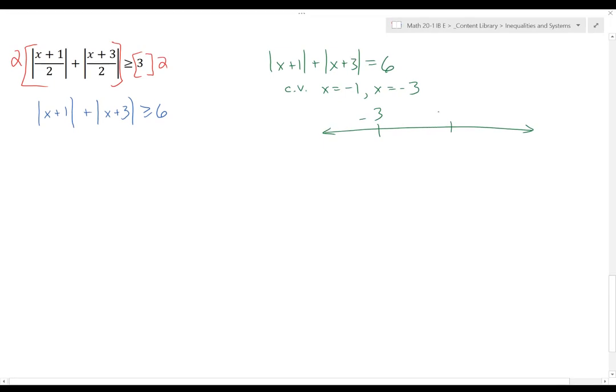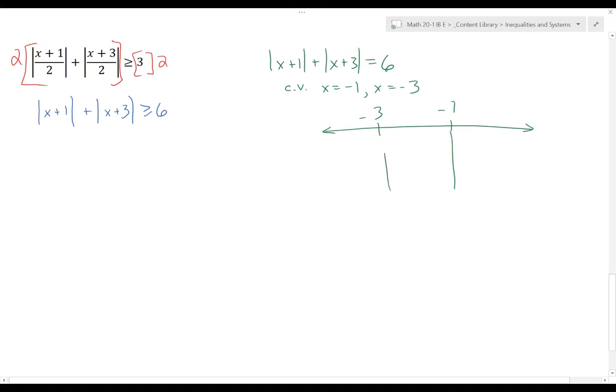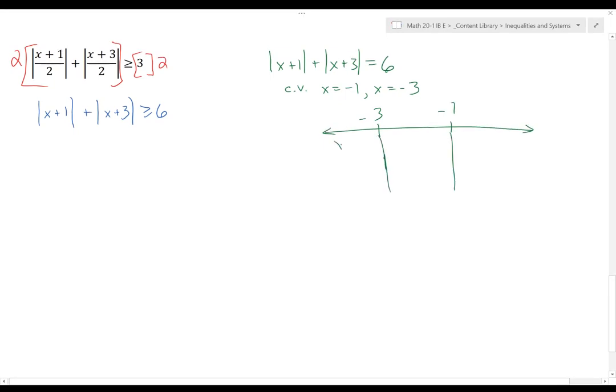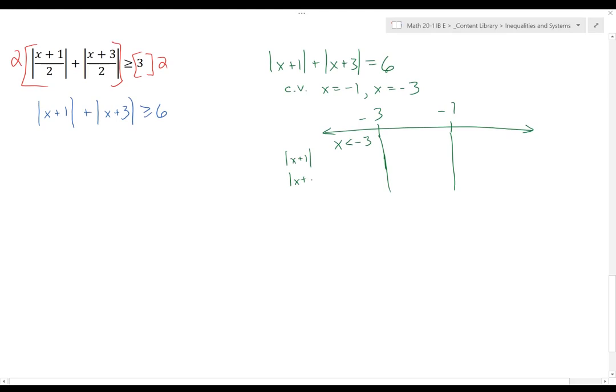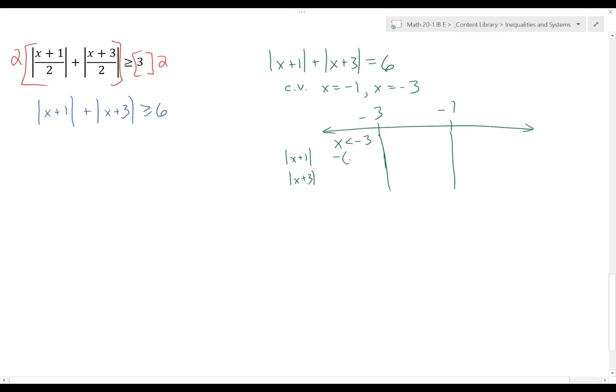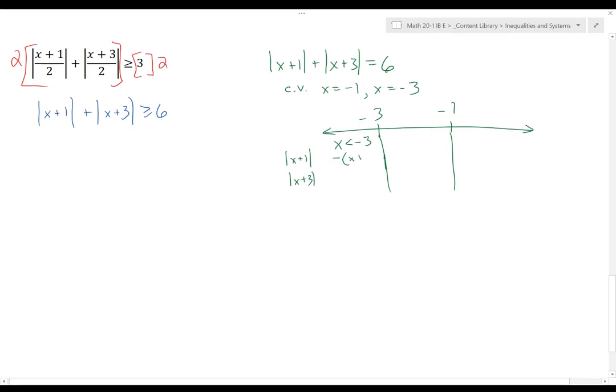So -3, -1, I've got when x is less than -3. If that's the case, then the absolute value of x plus 1 and the absolute value of x plus 3, they're both negative numbers, so they both have to be their opposites. Opposite of x plus 1, opposite of x plus 3.